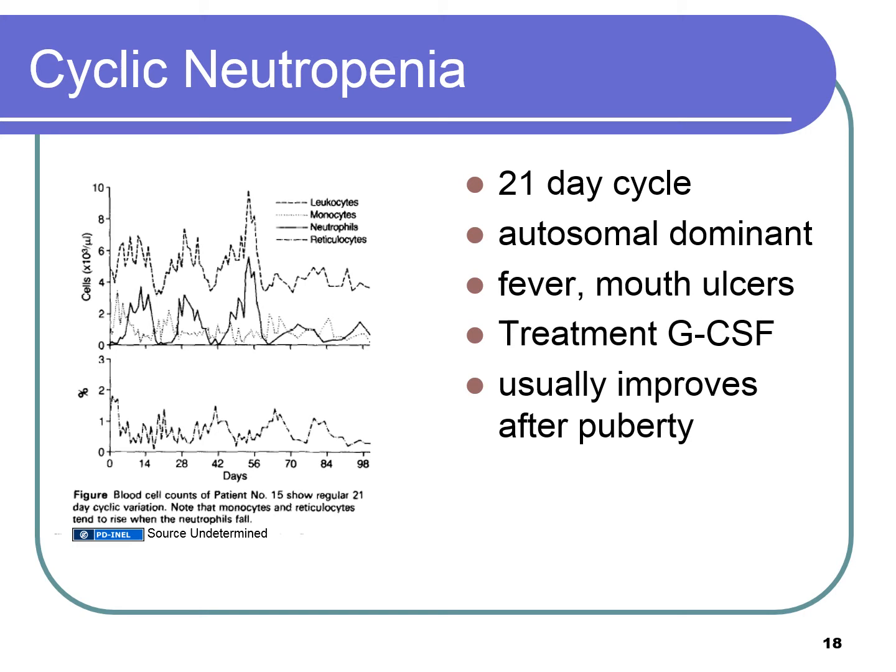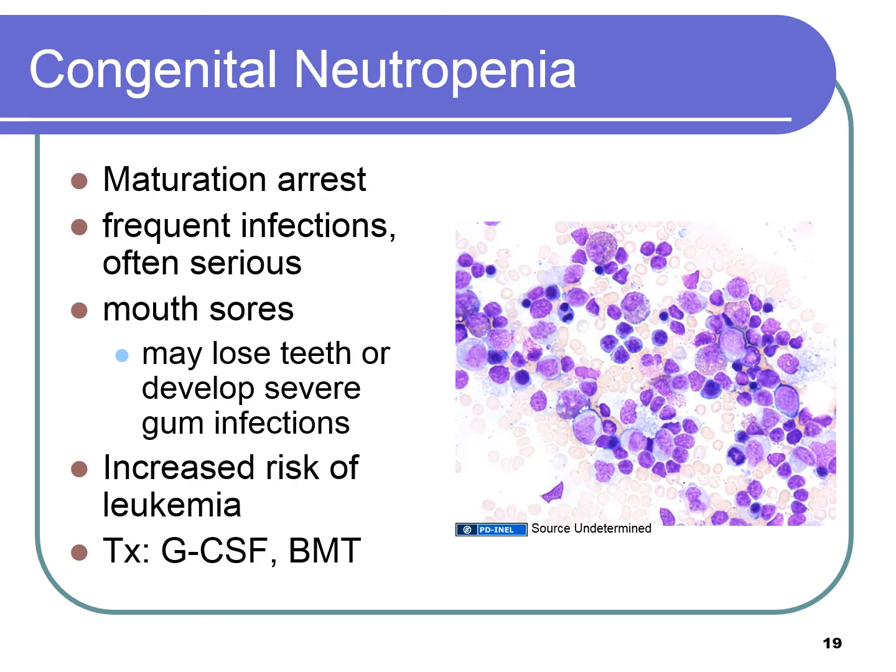These patients present with fever and mouth ulcers, usually in childhood, and improve after puberty, and they are treated with granulocyte colony stimulating factors. Back again to congenital neutropenia, this patient may have an increased risk of developing leukemia, so the treatment is either granulocyte colony stimulating factor or bone marrow transplant.